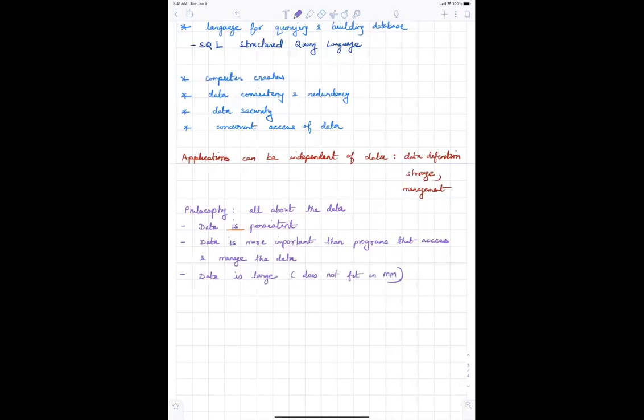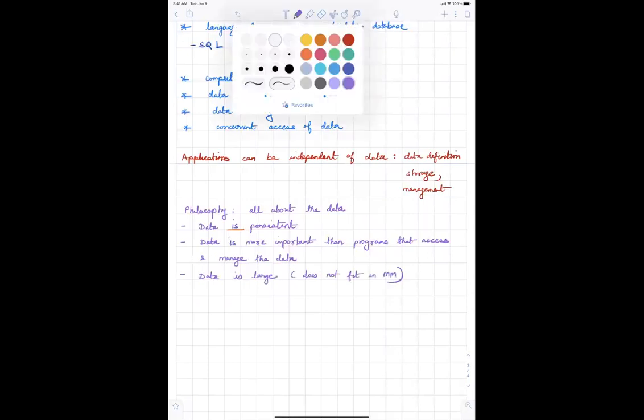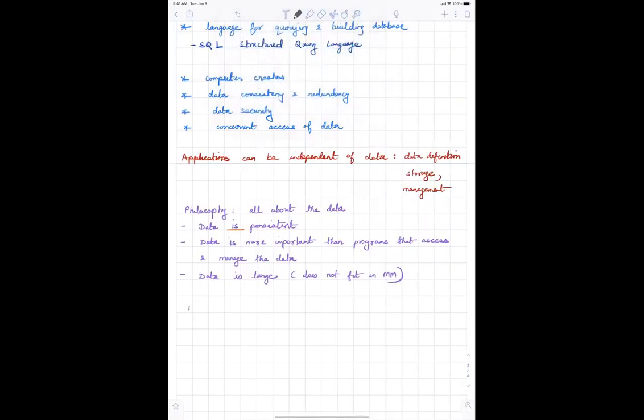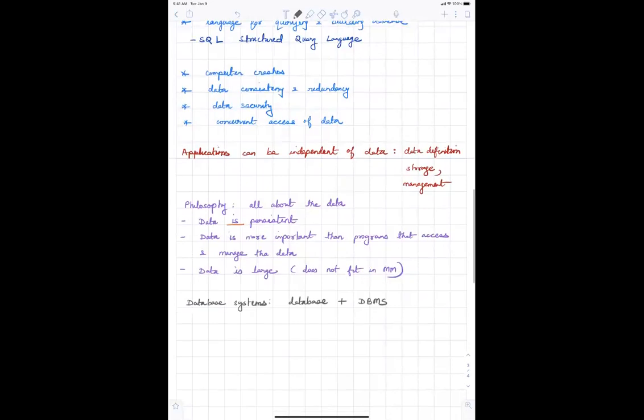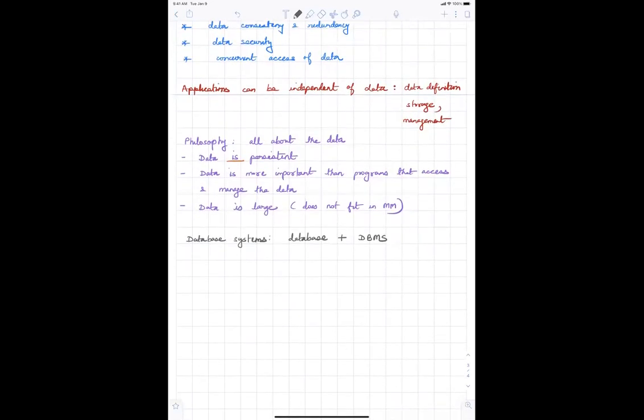When you talk about database systems, it includes both the database plus the database management system, the DBMS. Usually when people say database, they mean just the files.